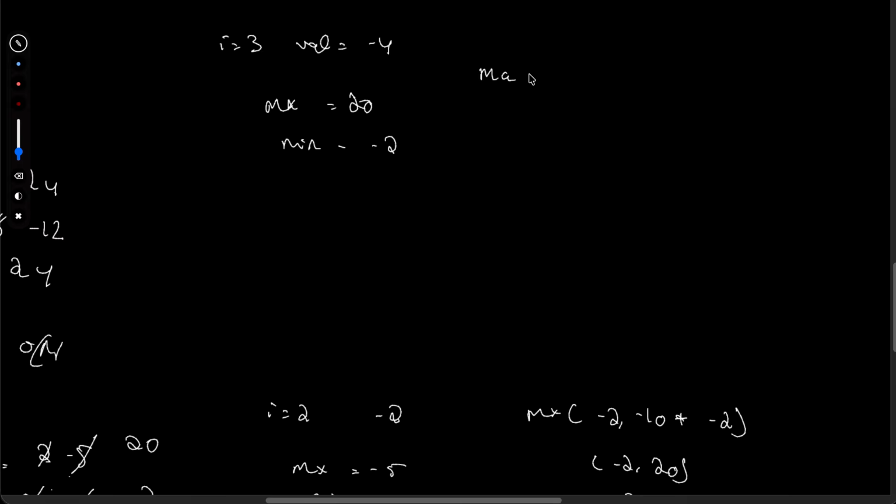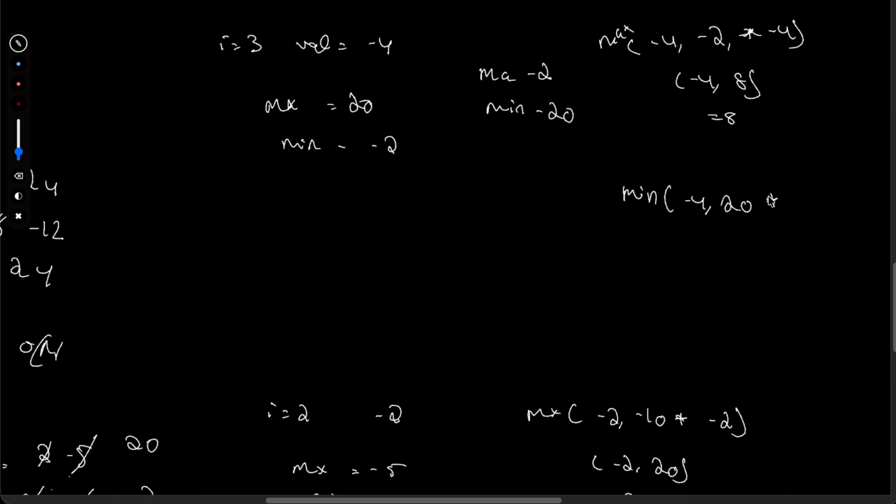After swap, max becomes negative 2 and min becomes 20. Now we update max. Negative 4 and negative 4 times negative 2 is 8, so max of negative 4 and 8, the answer is 8.